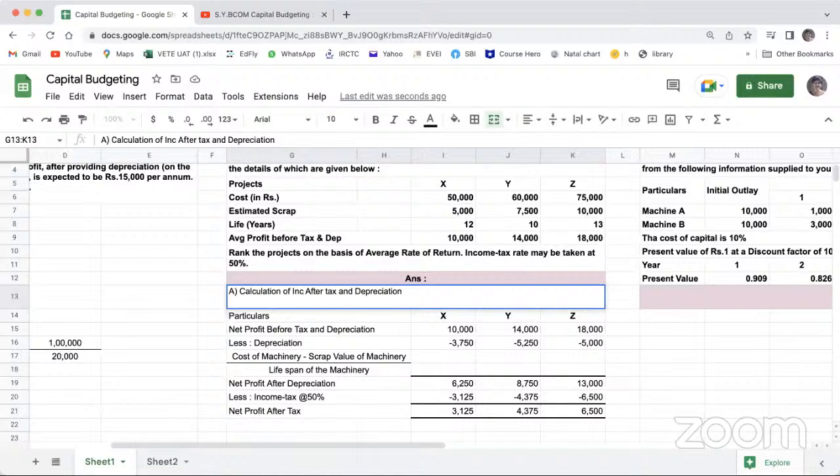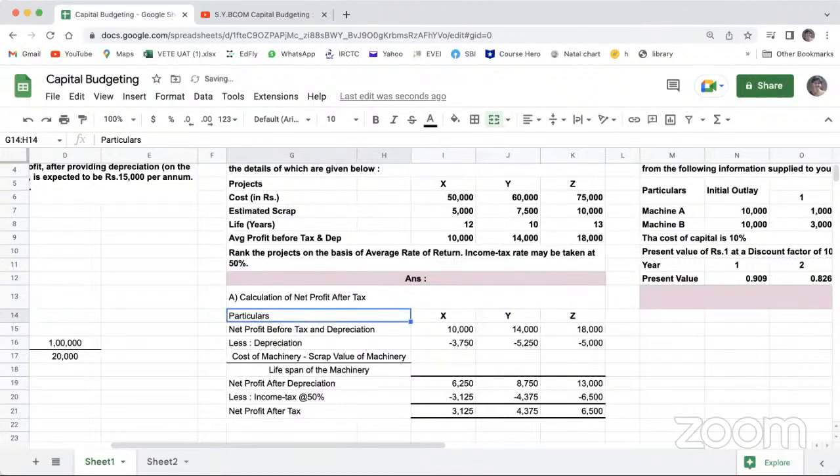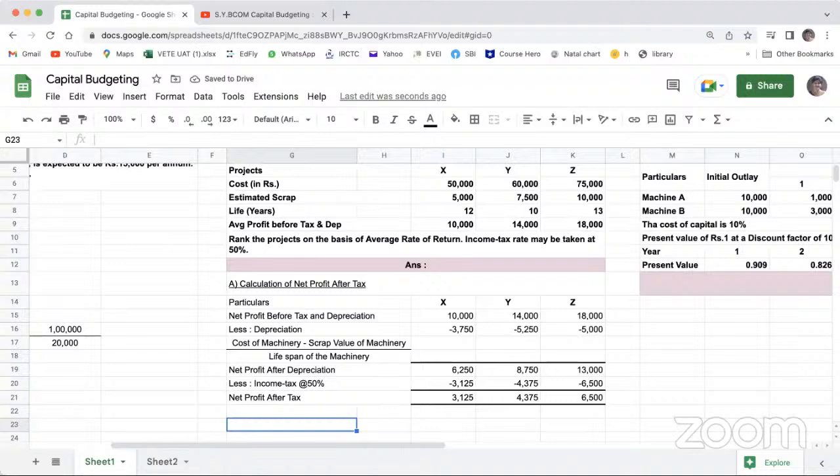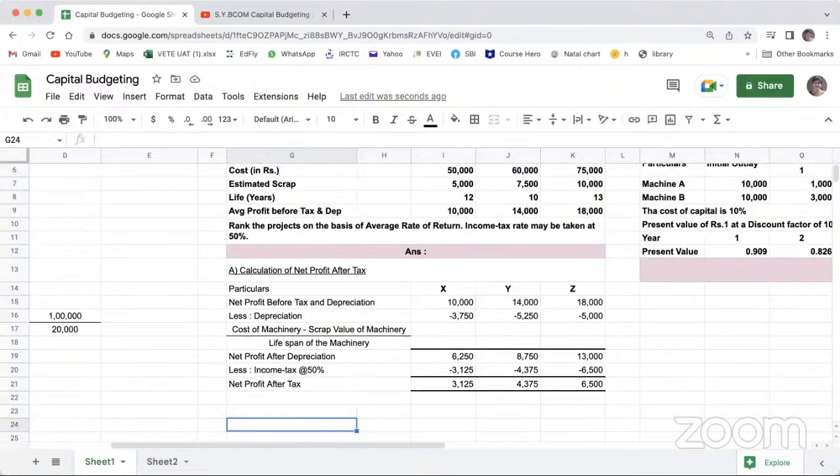I'll just call it net profit after tax, but you don't get confused. Okay. Now let's move. 650 नहीं आता Sejal, 6,500.